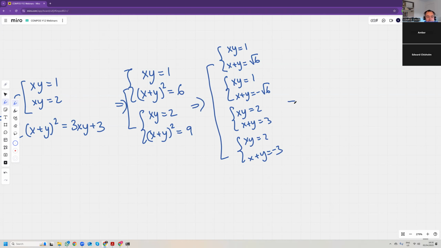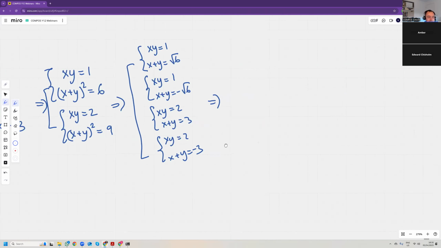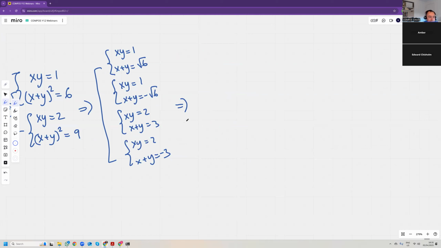All right. So finally, we just need to solve the last one. So the last one is easy. 1 plus 2. So that's x equals 1, y equals 2, or it's the other way around, or x equals 2, y equals 1.